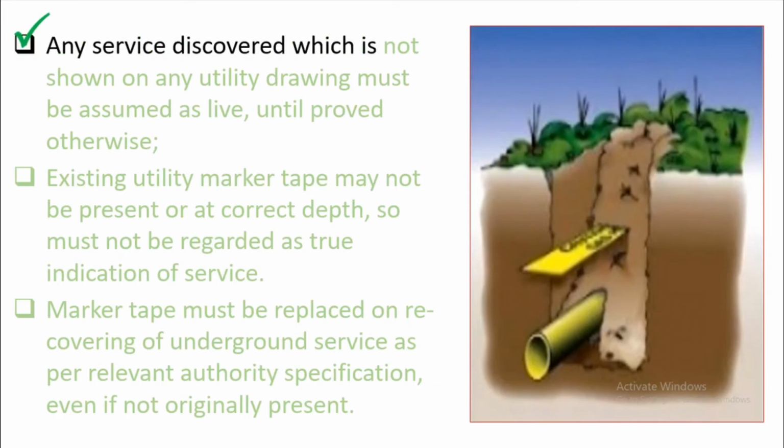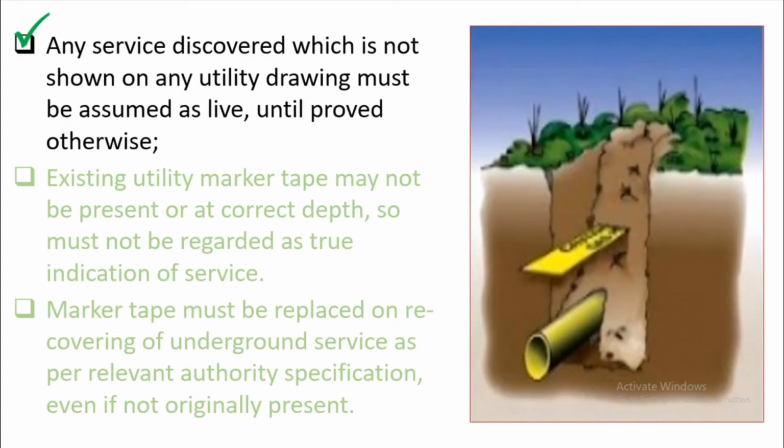Any services discovered which are not shown in any utility drawing must be assumed as live. So when you find any cable on the ground, unless it was declared dead by the competent person using their tools, assume this one is live.